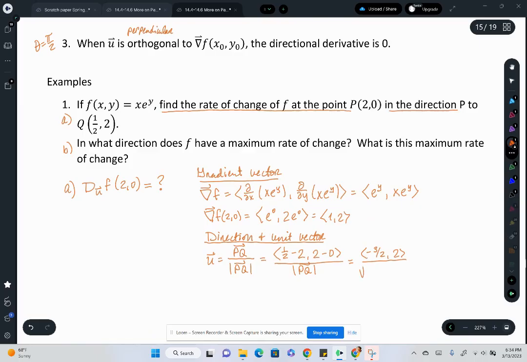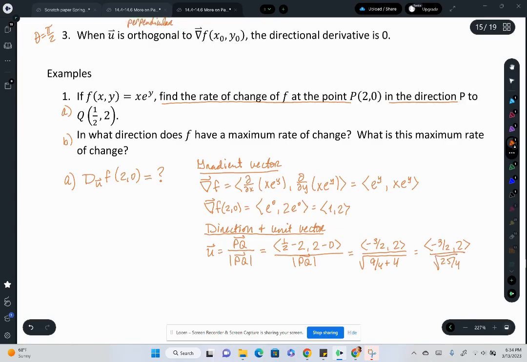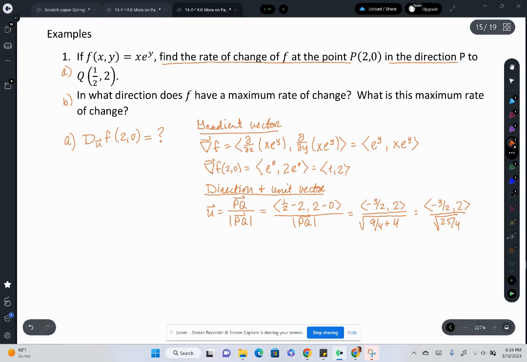All right, so my magnitude is the square root of the sum of squares, so 9/4 plus 4. 9/4 plus 4 is equal to 25/4. So I have the square root of 25 over 4, and the square root of that is just 5/2.